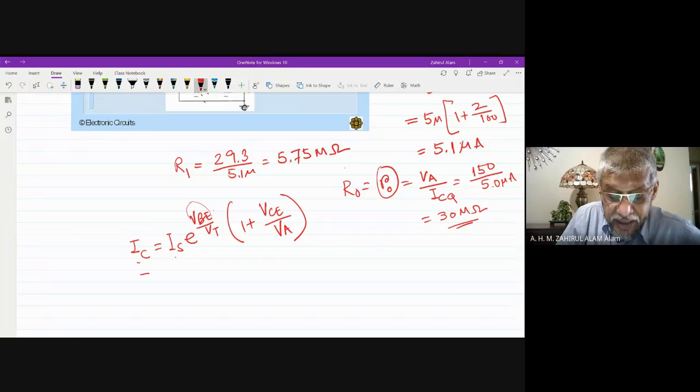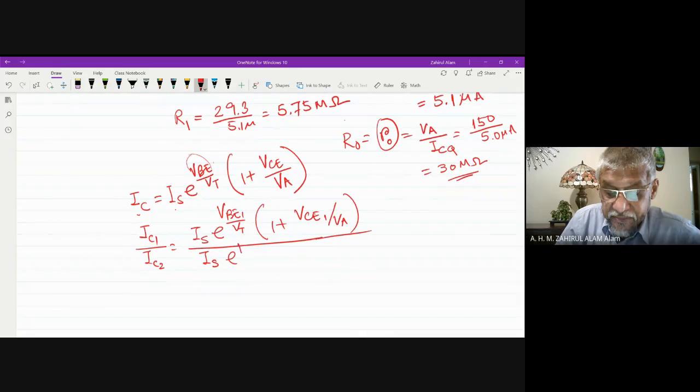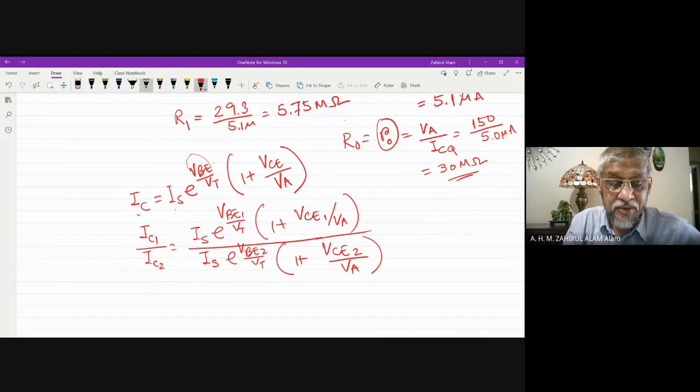Now if we calculate IC1 over IC2, we can write IS e to the power of VBE1 over VT times 1 plus VCE1 over VA, and IS, because both are the same transistor so the saturation currents are the same, e to the power of VBE2 over VT times 1 plus VCE2 divided by VA. Both VBE are equal.